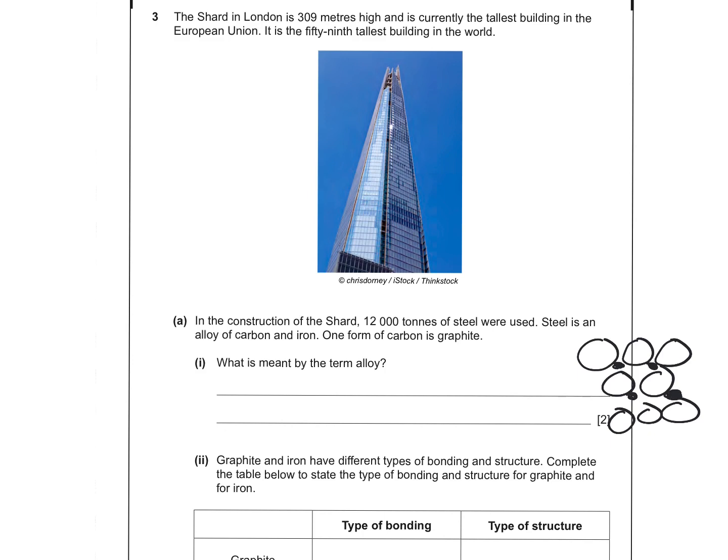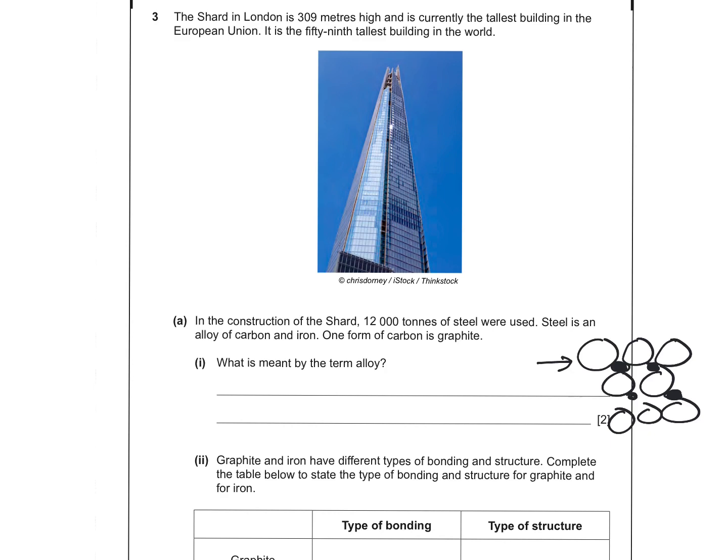What it does is that it prevents the layers of the ions from sliding over each other. So if you imagine trying to push it here, then this other element prevents the layer, and likewise this one prevents that layer from sliding over the other layers. And so that increases the strength of the alloy.